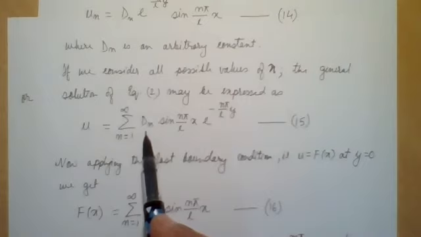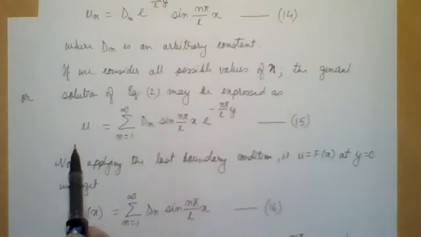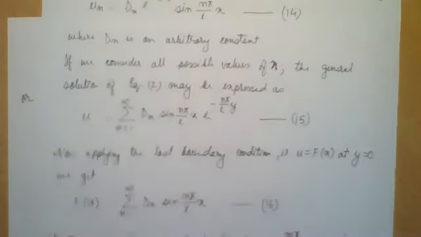Okay, so when I substitute that value of d_n in equation number 15, we get the general solution for u.